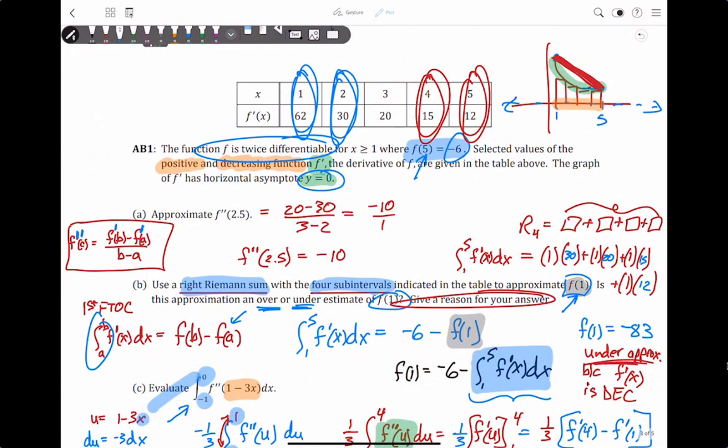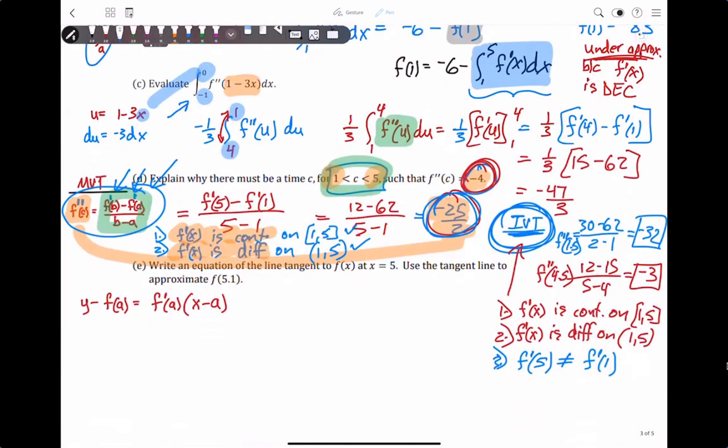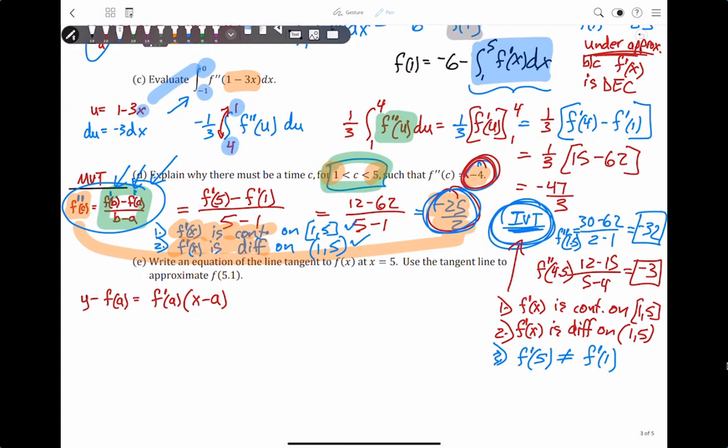Well, you know f prime at 5 was 12, okay? And we know that f prime at 1 was 62. But that's not what we're doing here. We're actually using this cleverly built question as far as not f prime of 5. We're looking at what did we look for here as far as those slopes are concerned.